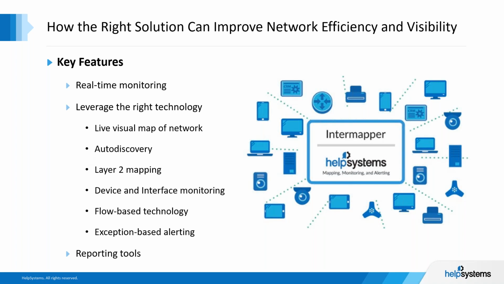Also, Layer 2 mapping is unique, because it can help you get a better understanding of how your network is laid out. The Layer 2 function can show you the interconnections between the Layer 2 switches, how they're connected with each other, and how endpoints are connected to their ports respectively. So it gives you an accurate depiction of your network from that perspective.